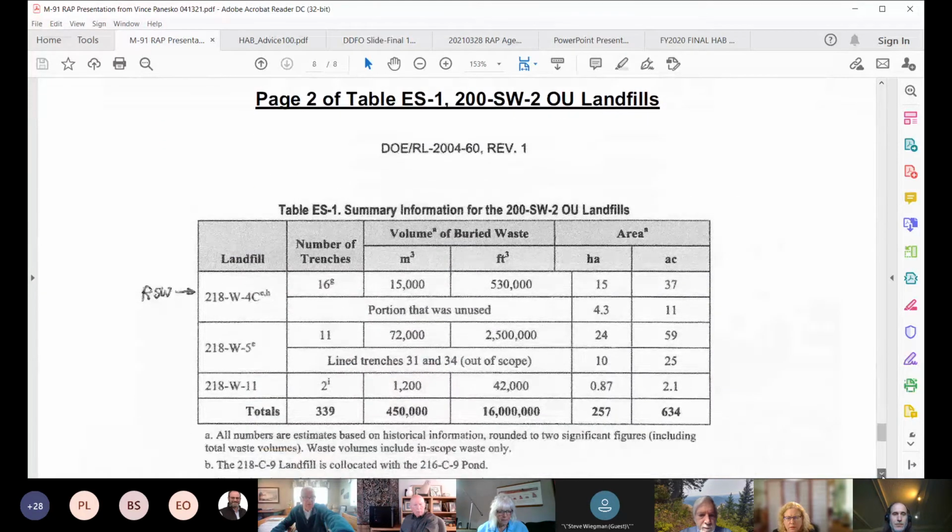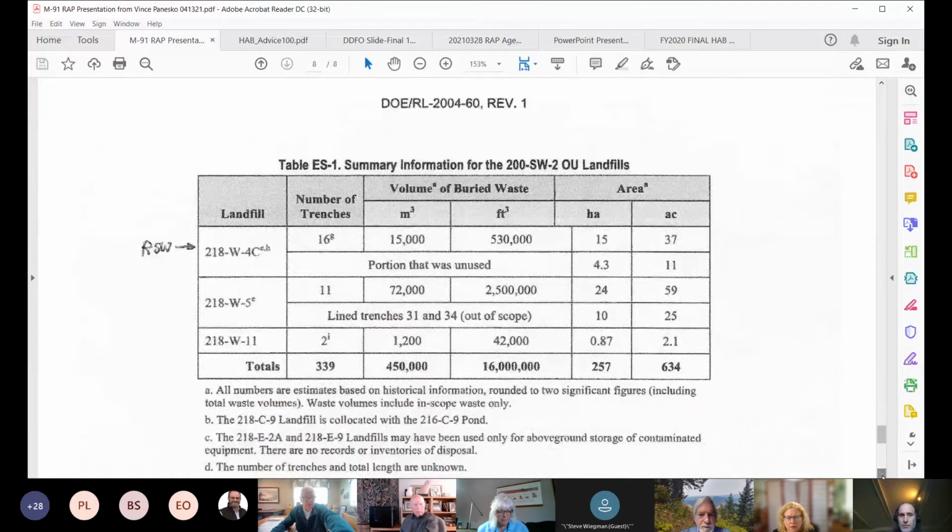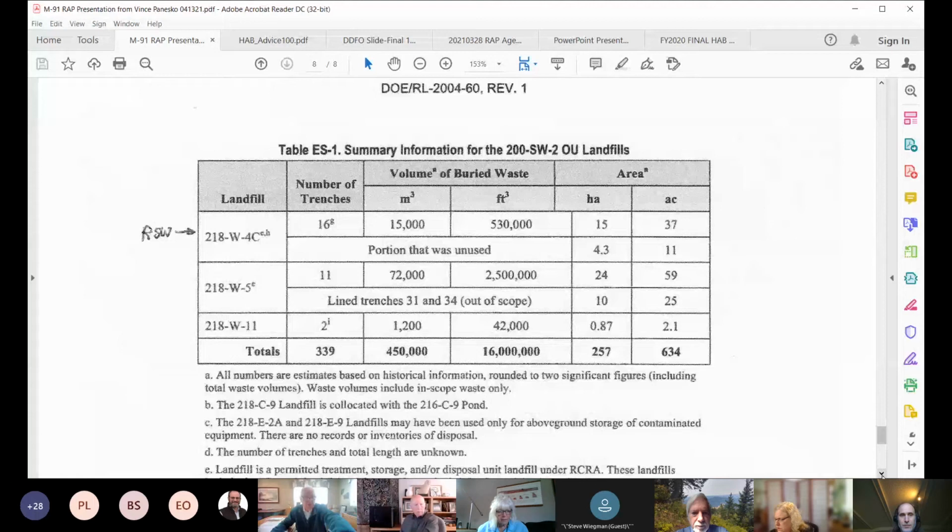The reason I want to show this is the number of trenches down here totals 339 trenches. Look at the volume of buried waste. We've got the 450,000 cubic meters. And remember the numbers we showed earlier, we've shipped retrievably stored. The original volume in the burial ground is 15,000, which is just a minuscule part of this.